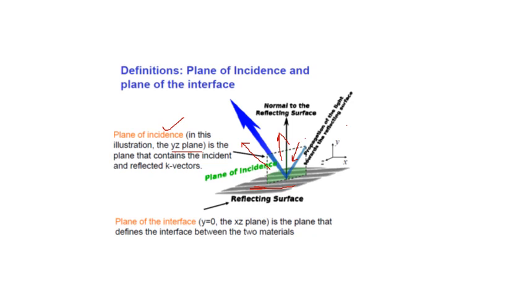If we want to define the plane of interface, then it is the XZ plane. This defines the interface between the two materials, and here this is the reflecting surface.